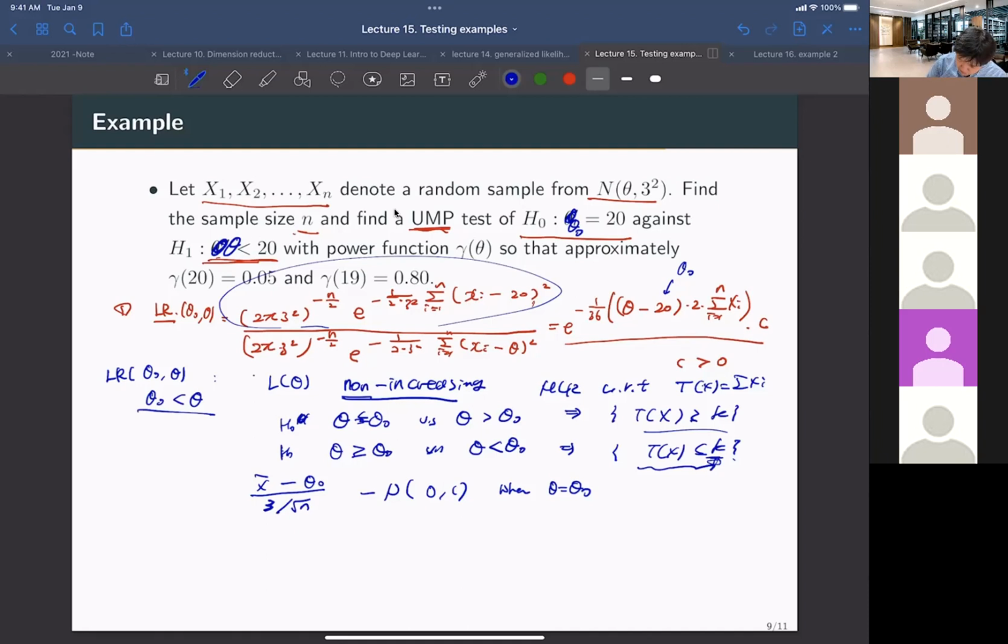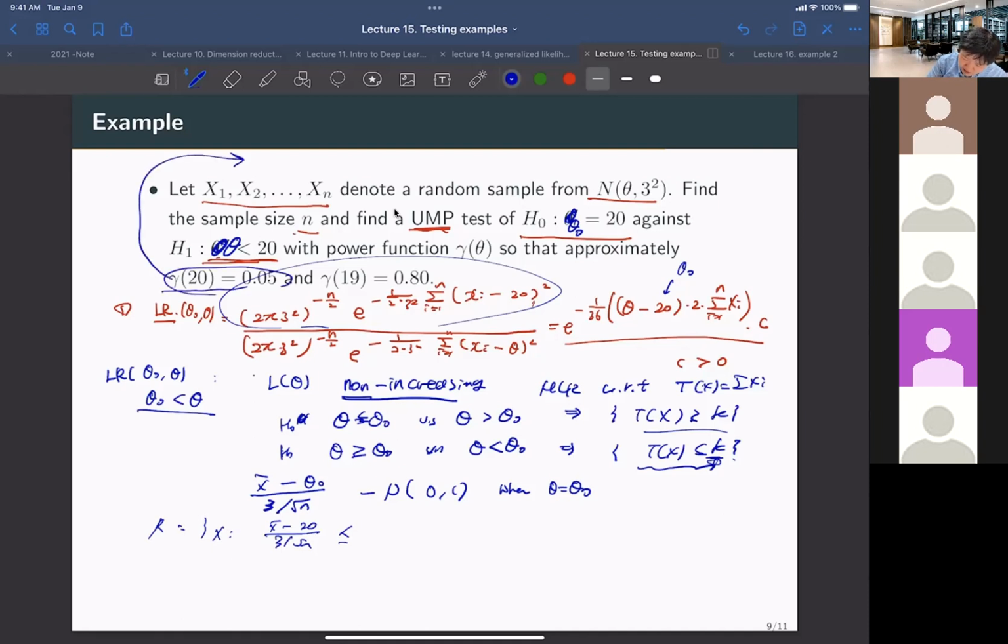Okay, so the rejection region will be such that x bar minus 20 over 3 over square root of n is less than or equal to the level alpha. What is the level here?